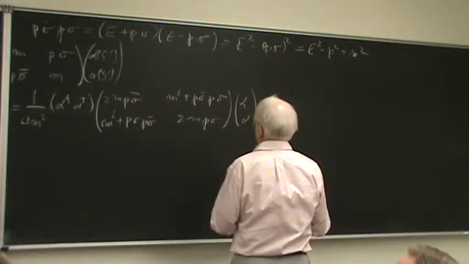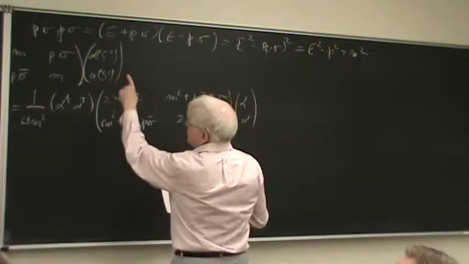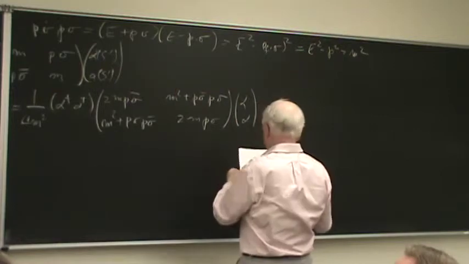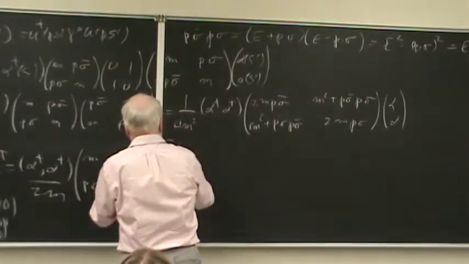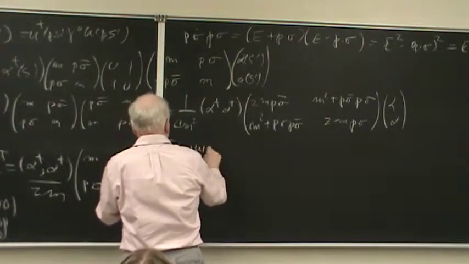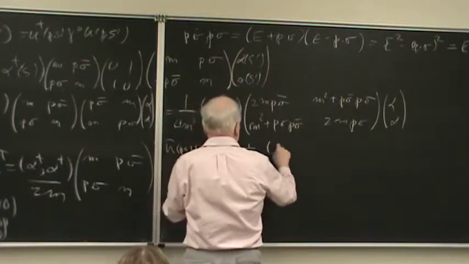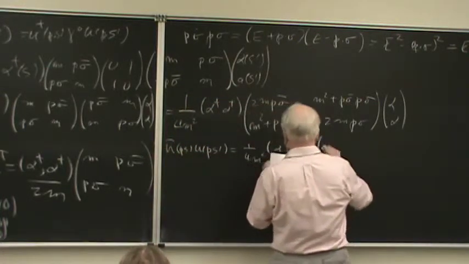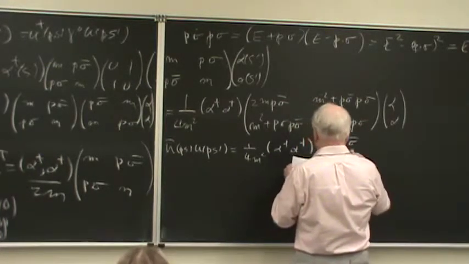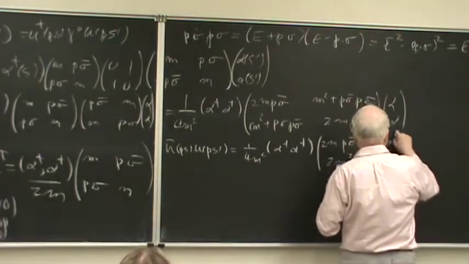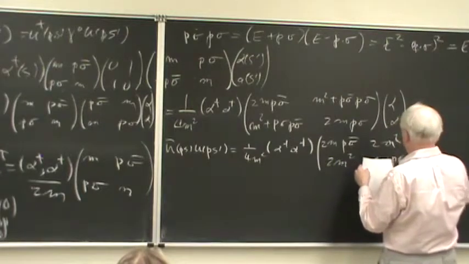And the same thing for if you do it in reverse, p sigma times p sigma bar is also m squared. So what we have here then is that u bar ps u p s prime is 1 over 4m squared alpha dagger 2m p sigma bar 2m squared 2m p sigma alpha alpha.